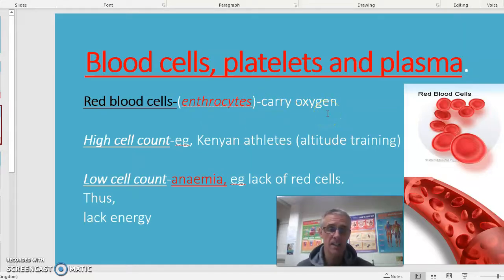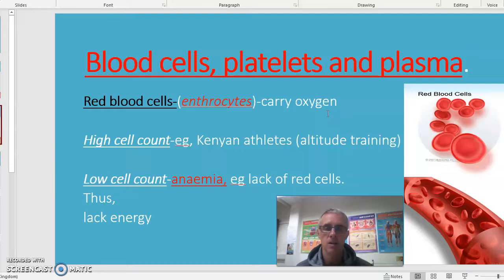Why is it important that they carry oxygen? Because we need to get that oxygen to the working muscles, all to do with the same topic that we've just done, vasodilation, vasoconstriction and vascular shunting, getting the blood to the parts of the body that need it the most.